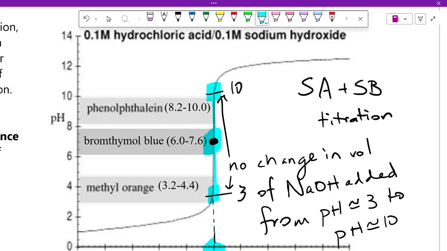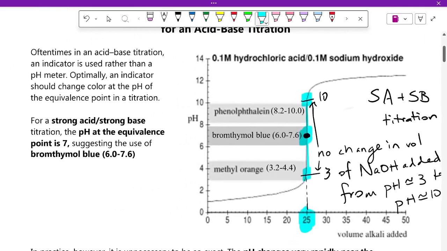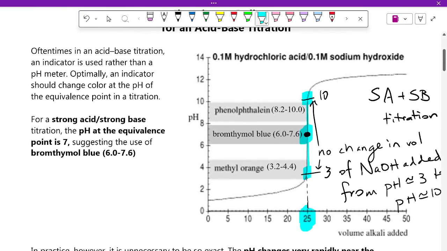If I'm looking to identify 25 milliliters so I can calculate the moles of base, does it matter if I choose something that changes color after pH 7? Because I get the same volume either way. So you actually have a lot more choice than you think. You might think, this is a strong acid, strong base.